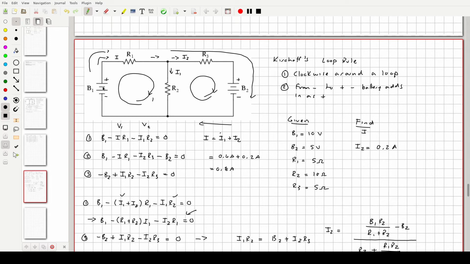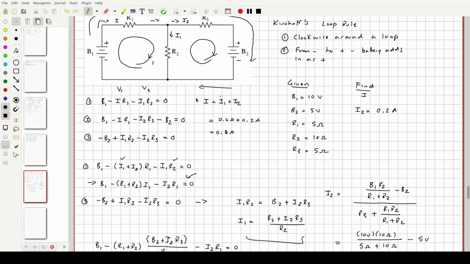And then as your current flows through, you're eating up energy, so you're subtracting away the energy. And then when you pick another loop where you're going against the current that you've already established the direction of, if you're going against it, that adds in as opposed to subtracting away. So it's just a way of making sure that you follow conservation of energy properly, if you want to think of it like that.